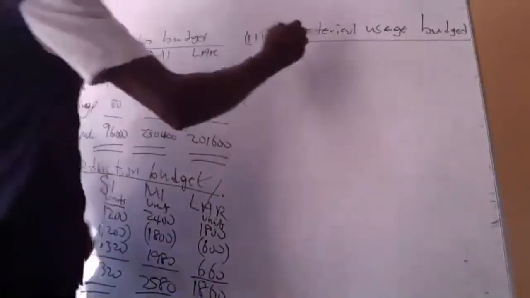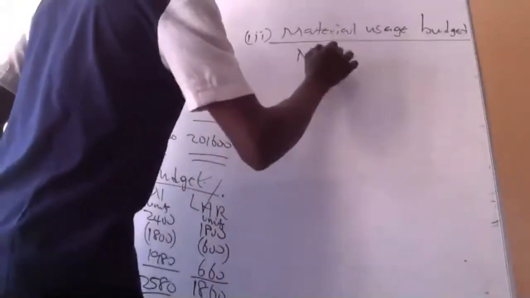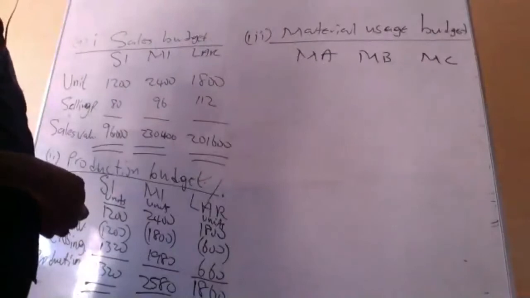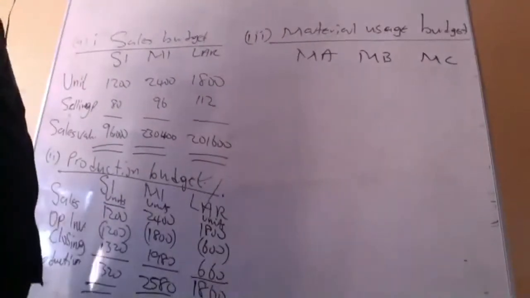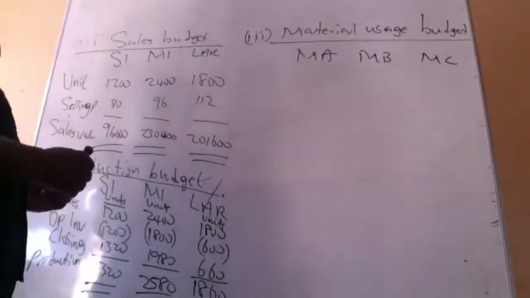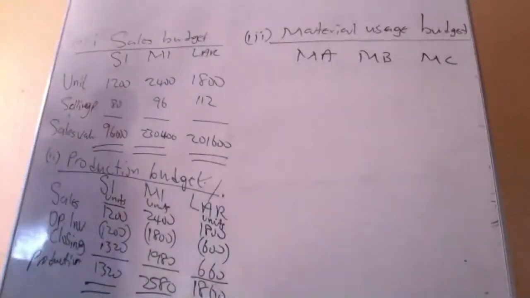MA, MB, MC. Wow, the examiner is doing some stuff. Okay, so we start. Now, look at how I am going to determine it.